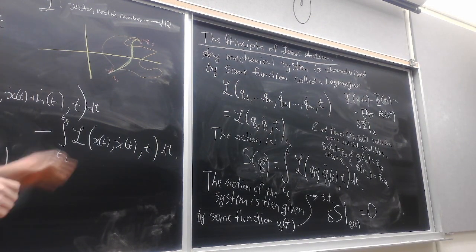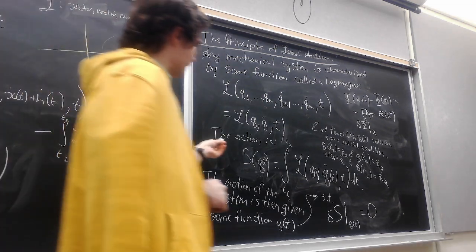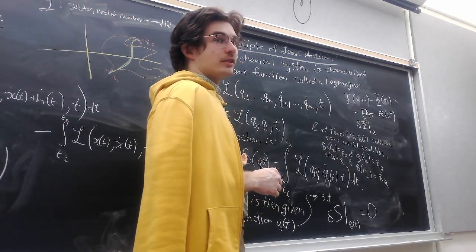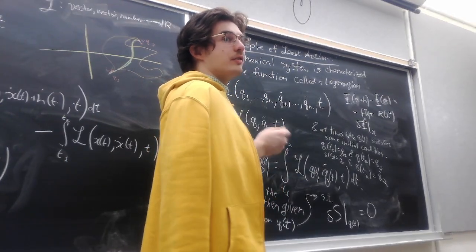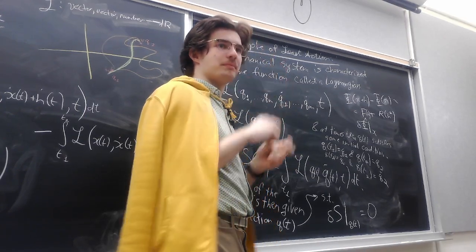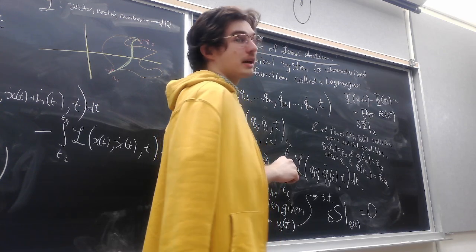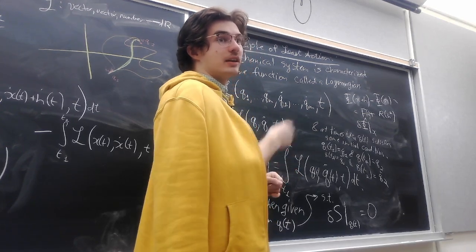But people understand the principle of least action. Why is it called the principle of least action? This is the action, and we're trying to find a path such that the derivative is 0. That's kind of like finding a minimum. Now, this might not actually be at a minimum; it might be at just any extremum.